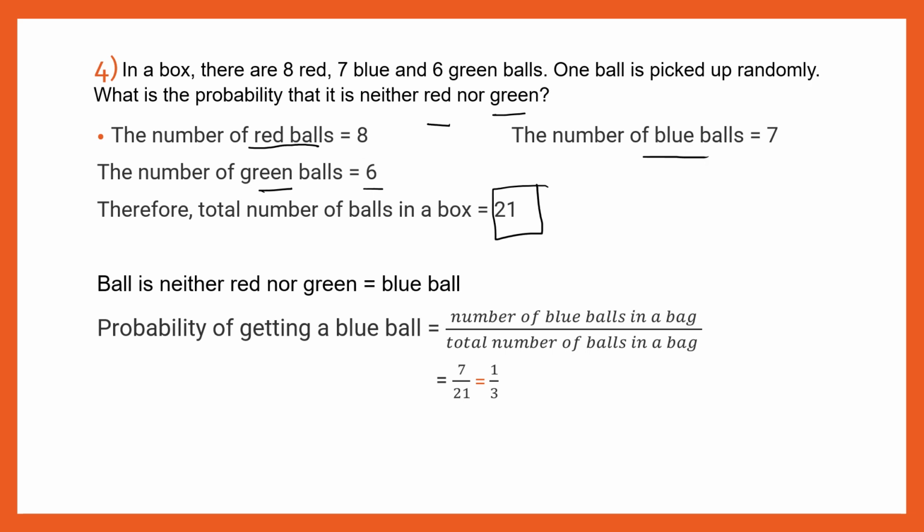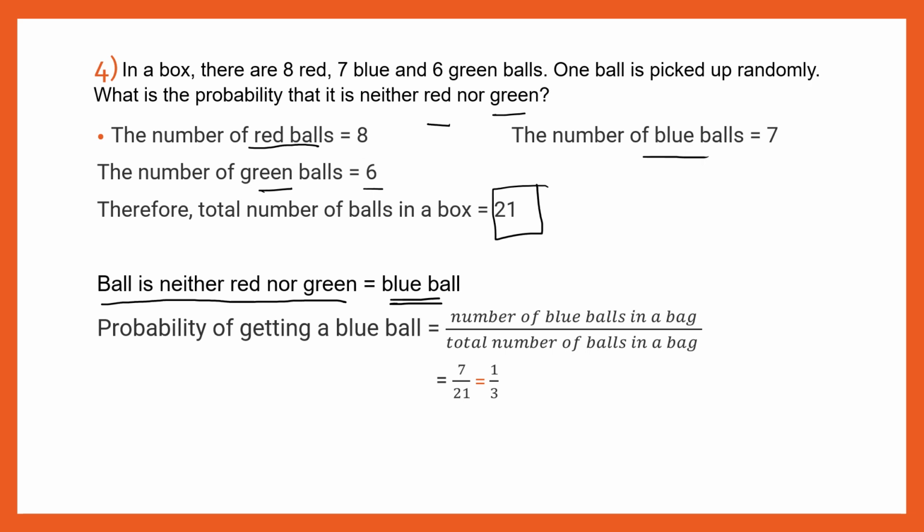Now what do we mean by the ball being neither red nor green? Out of the 3 colors, if the ball is not red and not green, the possibility would be the last remaining colored ball, which is the blue ball. The ball which is neither red nor green would be a blue ball.